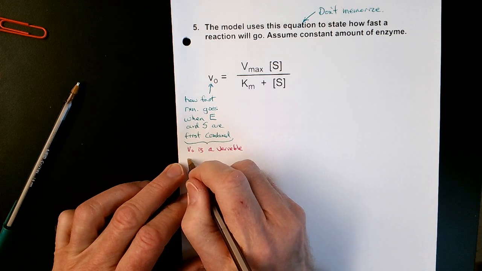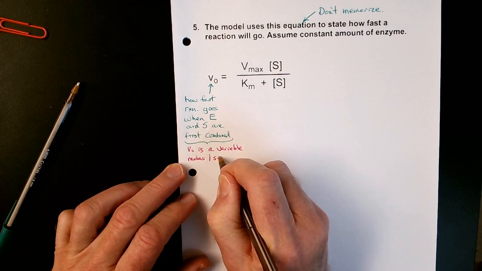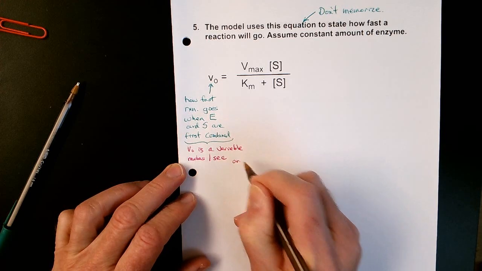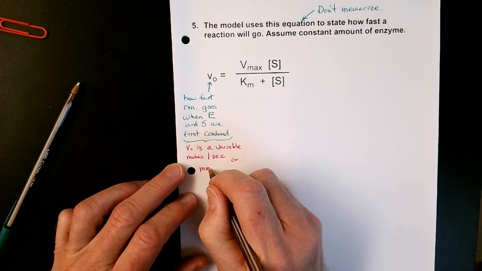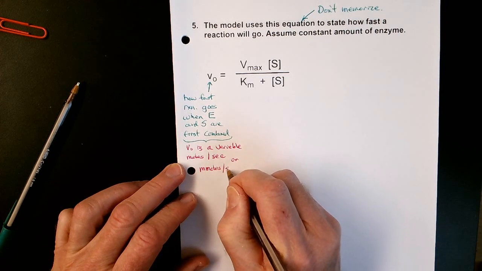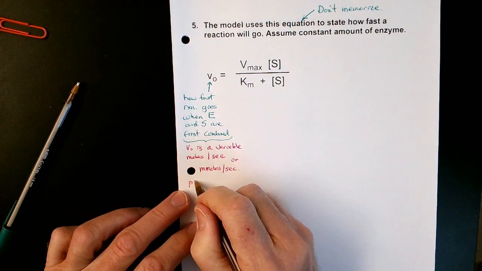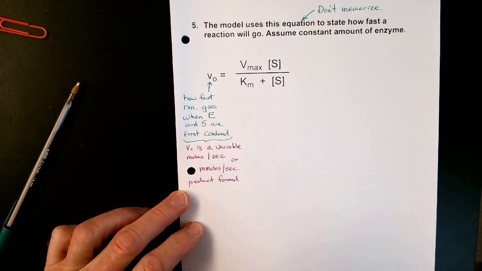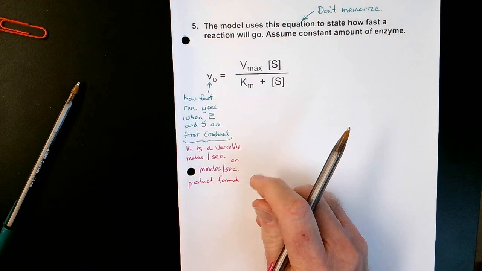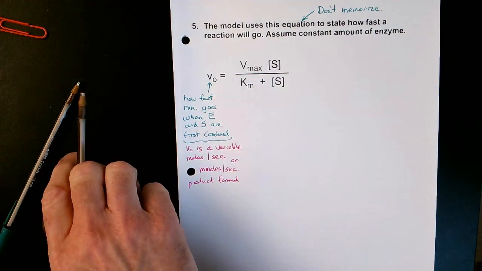It could be in units of moles per second, or it could be units of maybe millimoles per second. That's millimoles of product formed. All right, this is like the speedometer for the reaction, and you have to have some way to observe it. We'll assume that that's done for you.